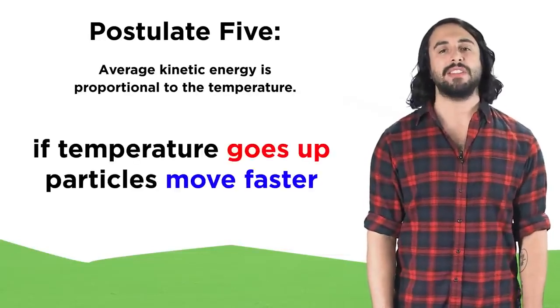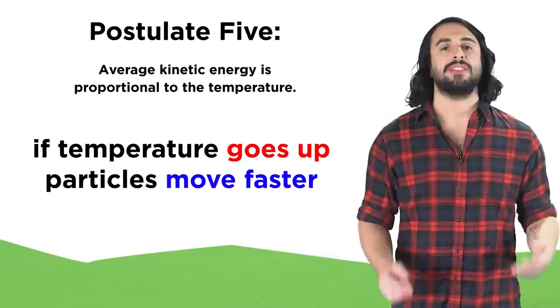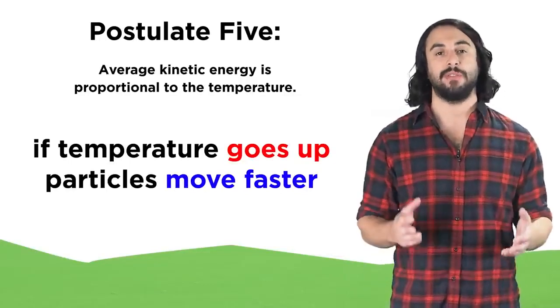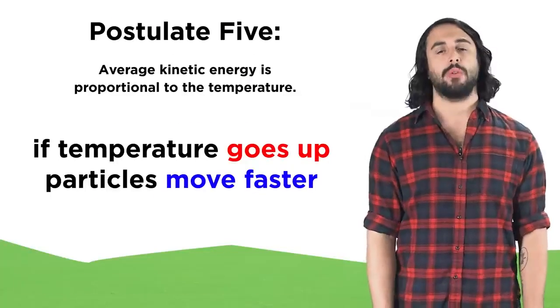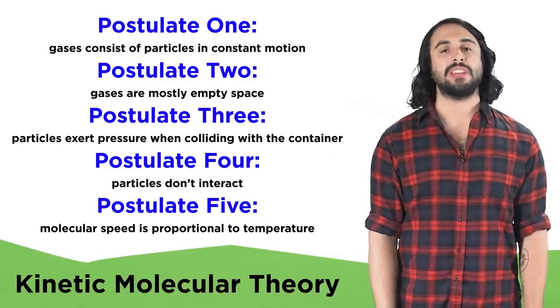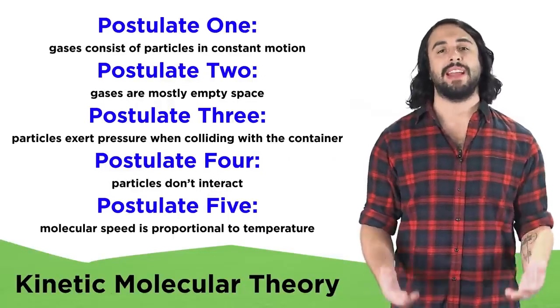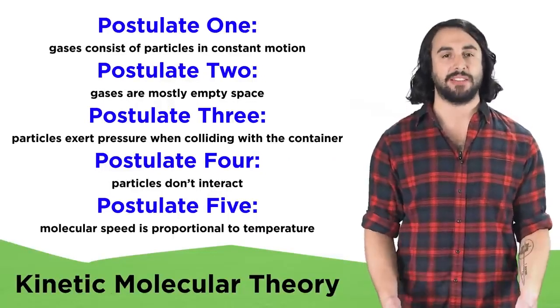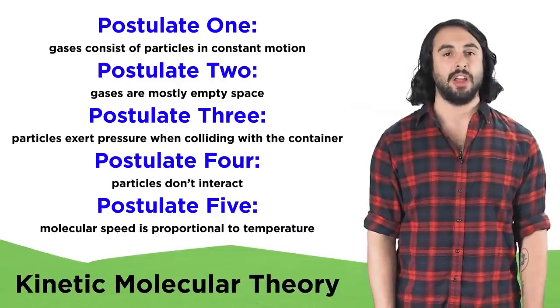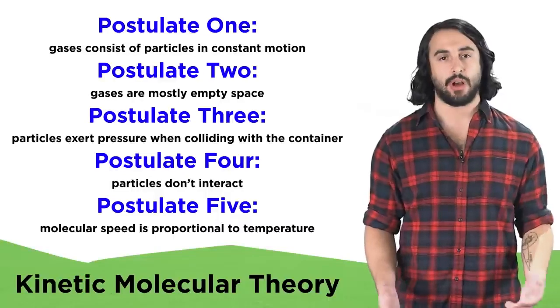This means that in this specific context, temperature is entirely indicative of average molecular velocity. So those are the 5 postulates of kinetic molecular theory. These postulates are powerful in explaining the behavior of gases, and to see how, let's quickly review our understanding of some of the ideal gas laws.